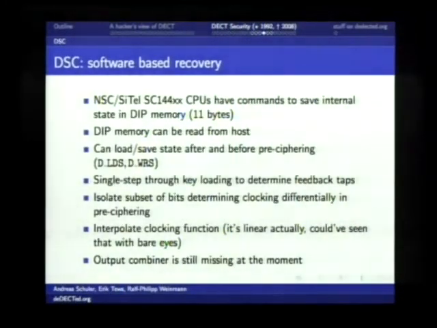We didn't know what that was at first, but then we tried executing these instructions on certain parts of the memory that we could read out from the PCMCIA part, and we found that we had patterns that changed in a strange way depending on the number of cycles that we waited.